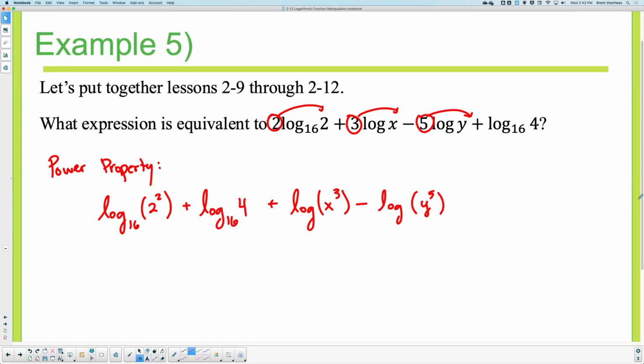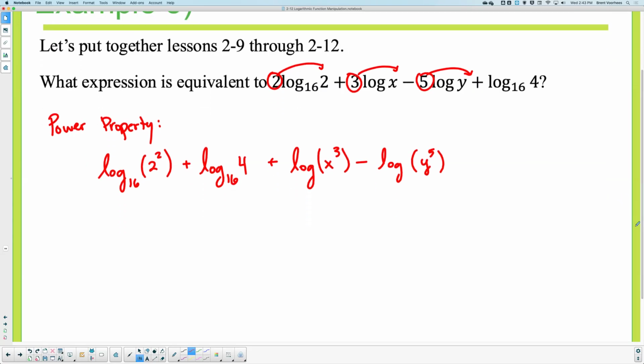Okay, now that I did that, what can we now do? I hear change base. I'm actually not going to change base. I'll show you why in a second. What can you do even before that, though? When you hear product property, the first 2 are the product property. That's correct. This is a product property. And then there's also a quotient property.